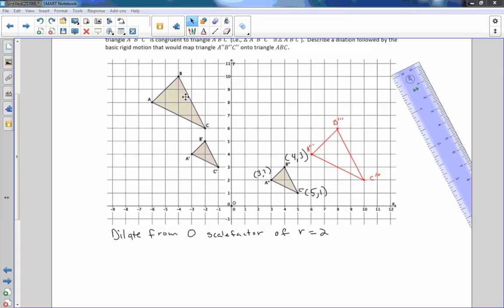Okay, so now I need to move that from here to here. And B triple prime is at the point, let's label these. So now we're at 8, 6, and this is 10, 2, and this is 6, 4. Now I'm just going to focus on one of the points. Let's do B. B triple prime is at 8, 6. The original pre-image B is at the point -4, 10. So in order to get from 8 down to 0, we have to go left 8, and then we have to go left 4 more, so that's a total of 12.